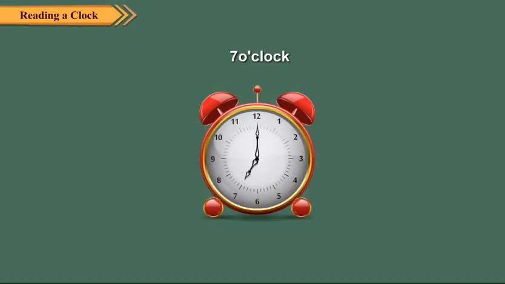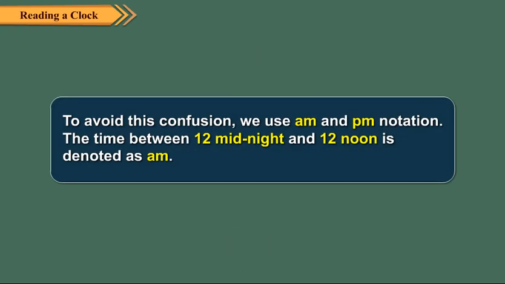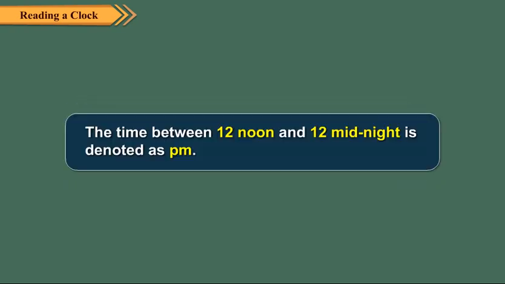When we say that it is 7 o'clock, it may be 7 o'clock early in the morning or 7 o'clock in the evening. To avoid this confusion, we use AM and PM notations. The time between 12 midnight and 12 noon is denoted as AM.